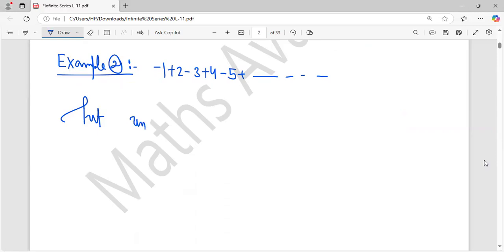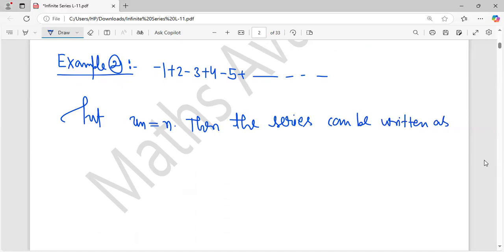So I'm taking un is equal to n. Then the series can be written as summation n goes from 1 to infinity, minus 1 to the power n, un, where un is equal to n, that is greater than 0.